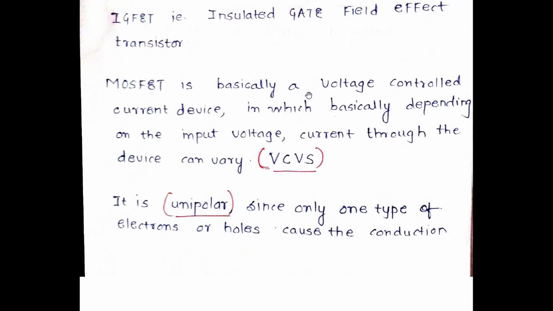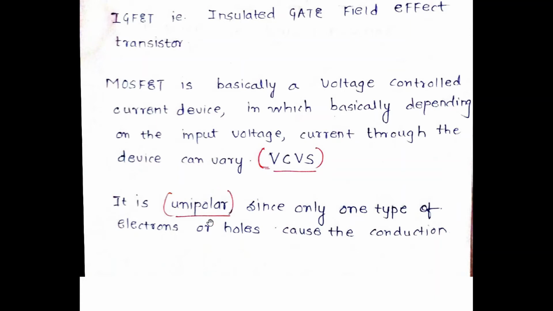I am repeating here, MOSFET is a voltage controlled current device. So it is V for voltage, C for controlled, C for current and S for source. So it's a voltage controlled current device. Okay, so what happens is that when the voltage gets affected, the current through it also gets affected.